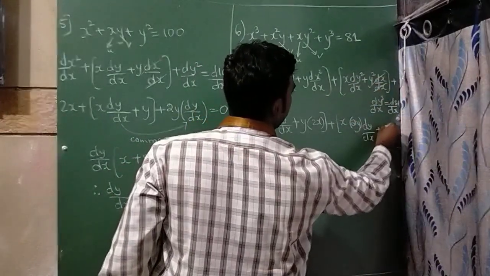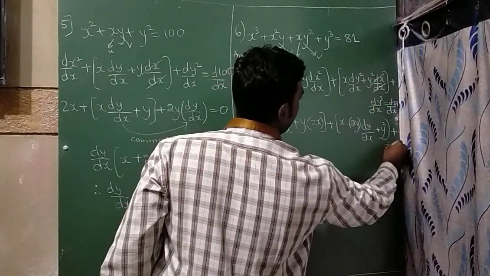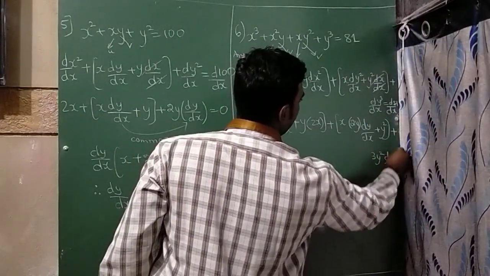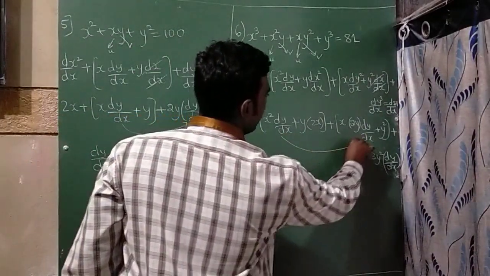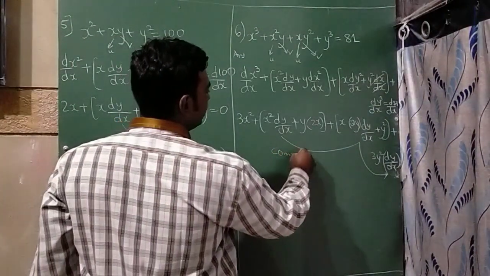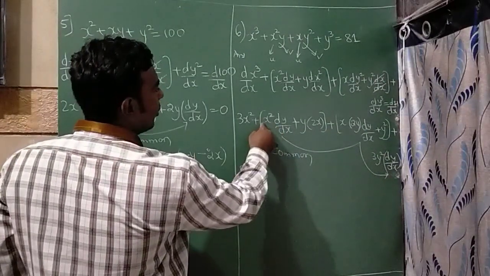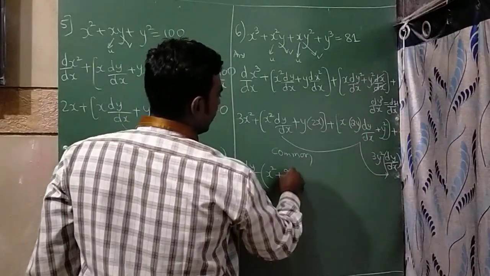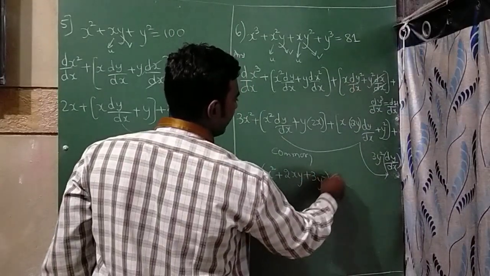This and this get cancelled, y² plus d/dx of y³ is 3y² dy/dx. Okay, so you can see here dy/dx at three places. So I'll take common. If I take dy/dx as a common, the coefficient is x² here, and here the coefficient is 2xy, and here the coefficient is 3y².